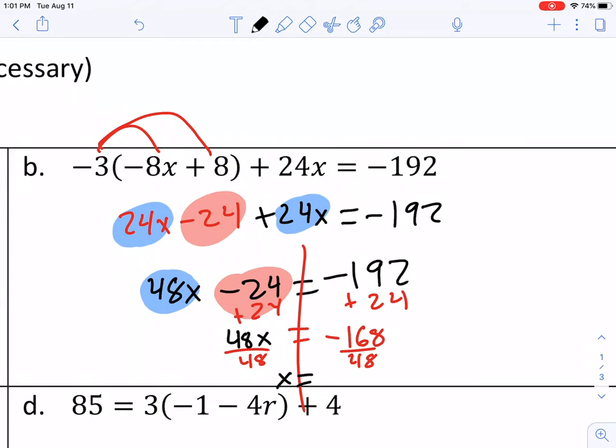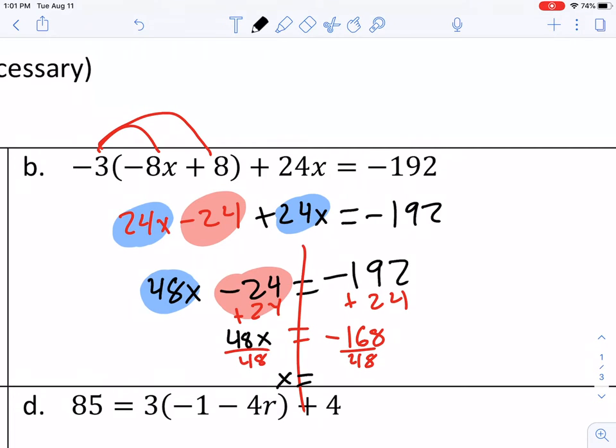Sorry, plus 24. I'm just double checking on the calculator to make sure I didn't do anything silly, because sometimes we make mistakes too. That's the other part of this. Negative 168 divided by 48. And I get negative 3.5. So I'm going to roll with that. If I did something goofy, then take this opportunity to see sometimes we don't do things perfectly.